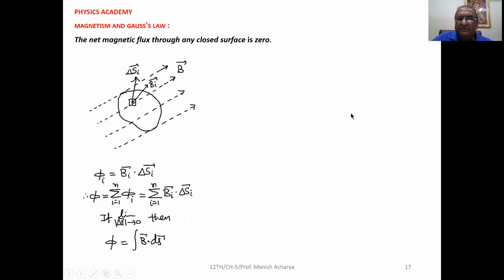Now as per Gauss's law, the net magnetic flux through any closed surface is 0. So this net flux, integration B dot dS over the given closed surface, is equal to 0. So this is the Gauss's law for magnetism.